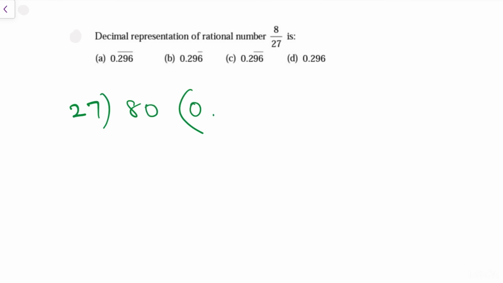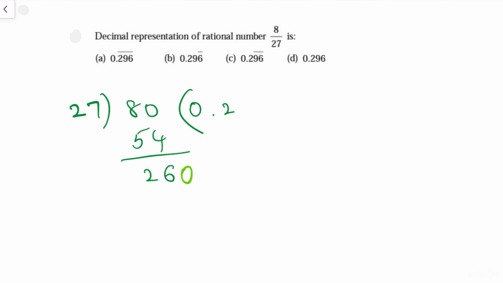Here we need to keep 0. Then 27 3s are 81, so 27 2s are 54. 80 minus 54 is 26. Again in the 27 table 26 won't come, so what we will do, the decimal is already there, so we can keep one more 0 here, no problem at all.